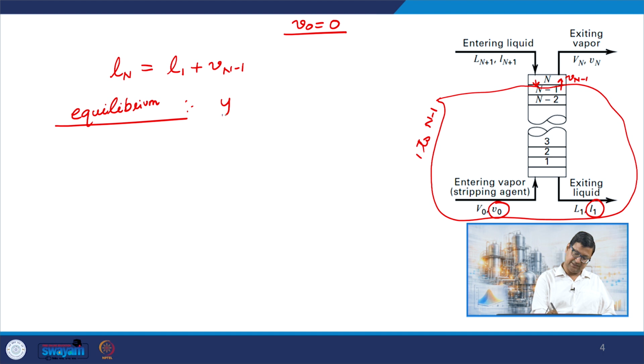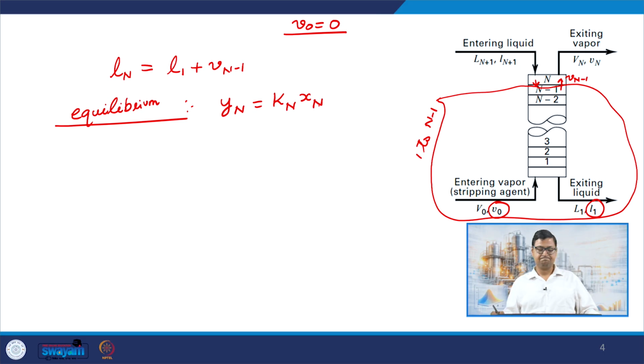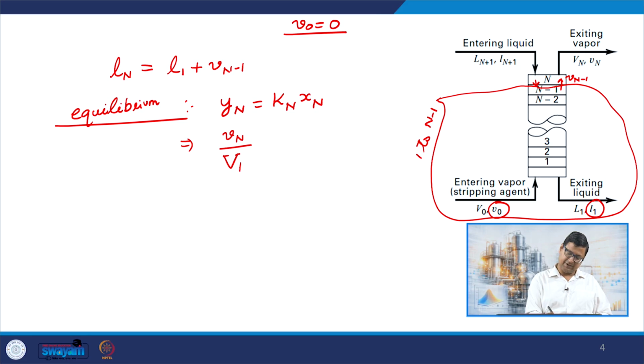That tells me that my Yn is essentially Kn Xn, where Yn is the vapor mole fraction, given as vn by capital Vn, and that is Kn times the liquid mole fraction, given as the component molar flow rate of liquid by the total molar flow rate Ln, right?